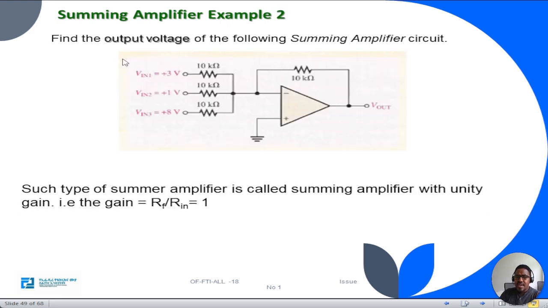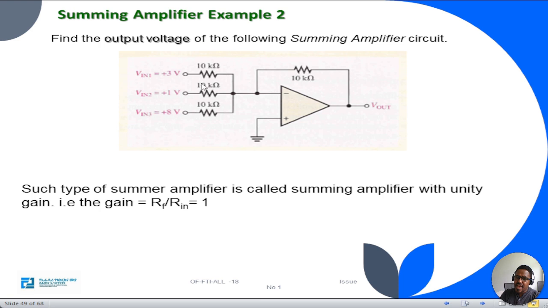Let's see example 2. Find the output voltage of the following summing amplifier. Look, V1 3 volt, V2 1 volt, V3 8 volt. But the resistors R1, R2, R3 are the same values, and the feedback resistor also the same value.